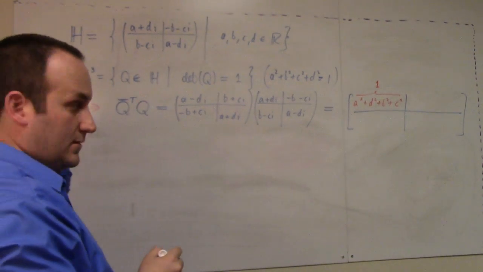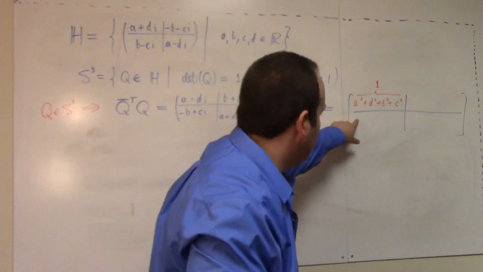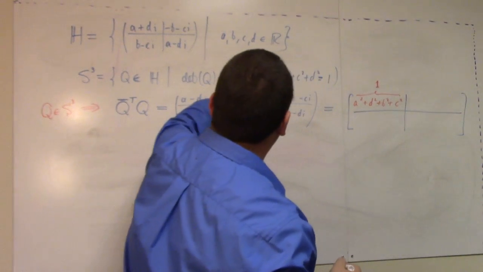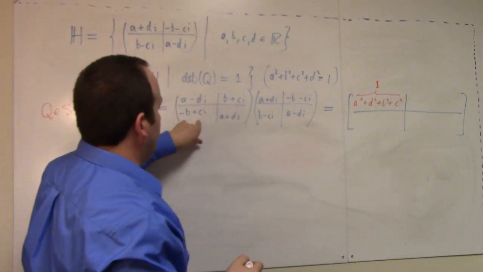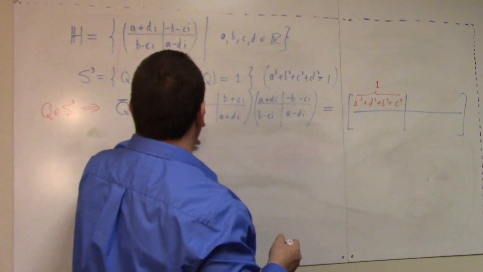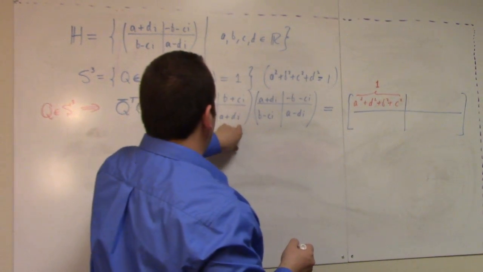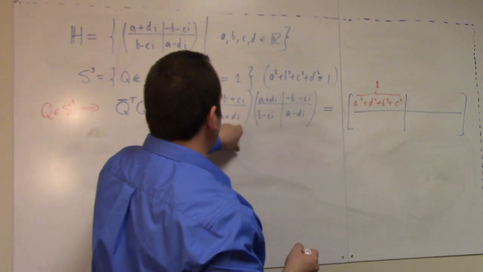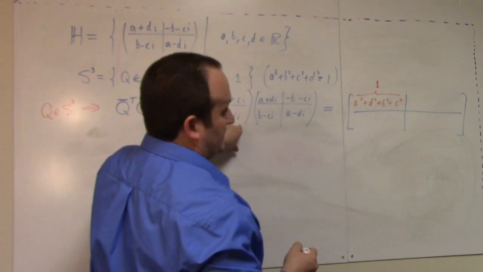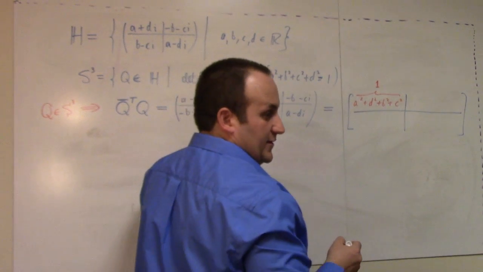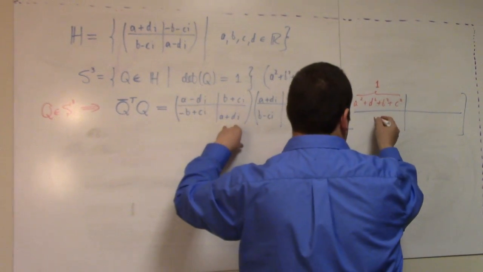And how about the 2-1 component? This times that, I get minus AB plus A plus CDI squared plus AB minus CDI squared, otherwise known as 0.